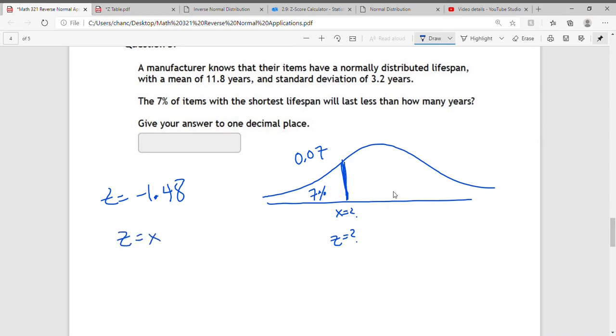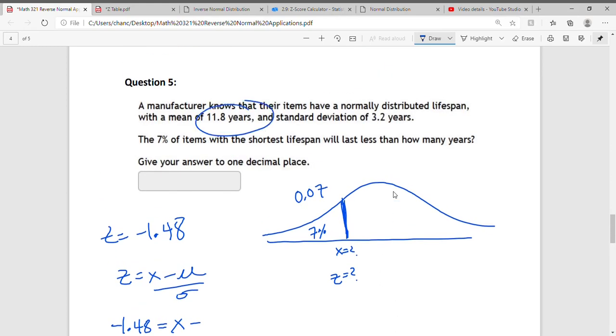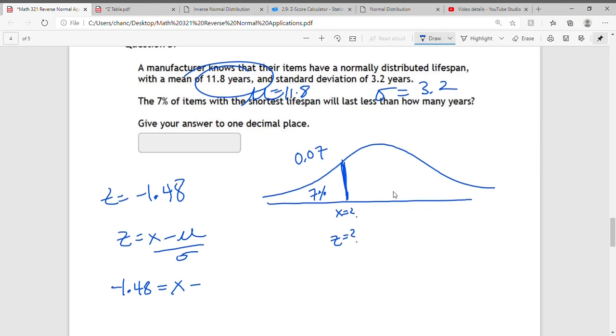So let's use the formula. Z equals x minus mu divided by sigma. We have negative 1.48 equals x minus, the mean is 11.8, divided by 3.2, the standard deviation. Let's multiply both sides by 3.2.